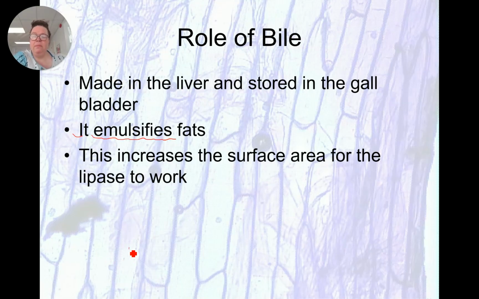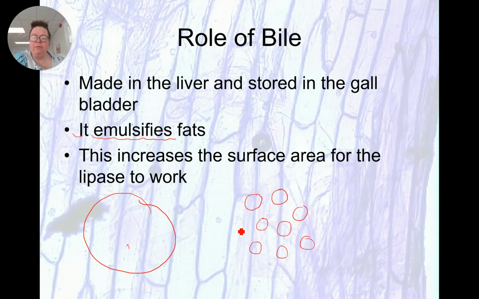But emulsify, all that means is you've got a big lump of fat. So imagine a big lump of butter. Emulsification or emulsifies, it doesn't break it down chemically, but physically it just breaks it down into smaller droplets.